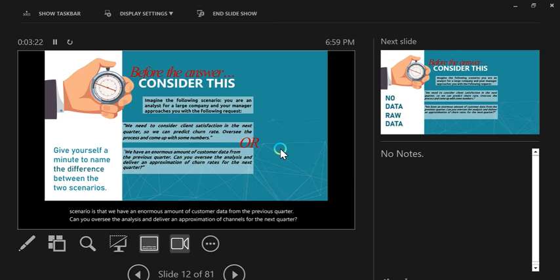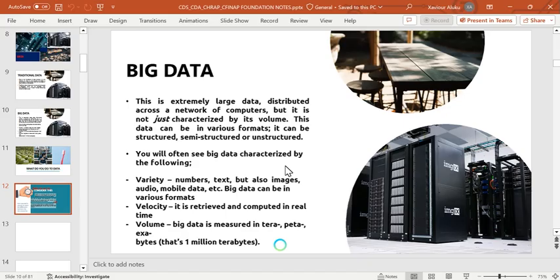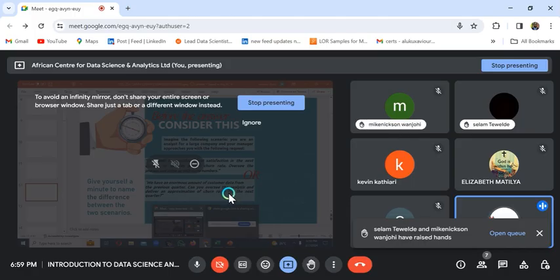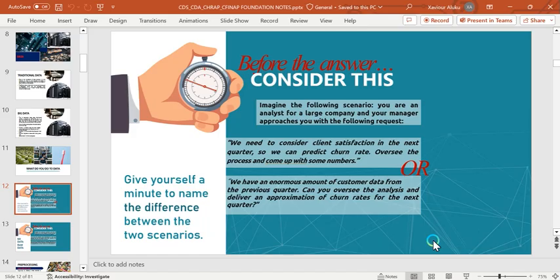There's something that is very clear there, but let me start from the team that is online. Yes, Selam. So, according to my observation, in the first scenario we're looking at only one customer.